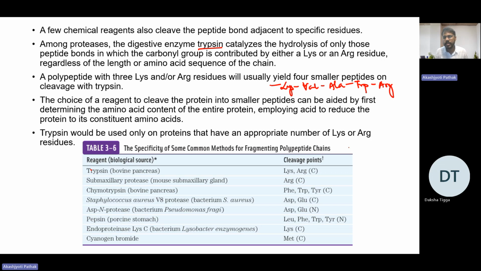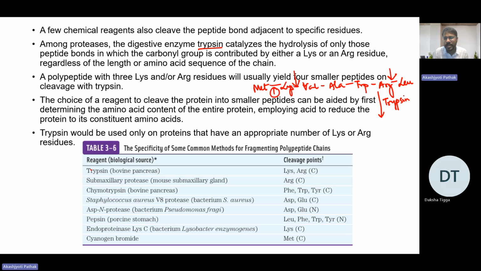So it will cleave at the C terminal end of lysine or arginine. For example, consider a peptide with a methionine and this sequence, ending in leucine. What will happen if you treat this peptide with trypsin? How many peptide fragments will you get? Trypsin will cleave at the C terminal end of lysine or arginine residue, so it will cleave here and here.